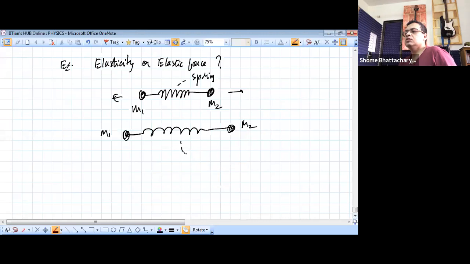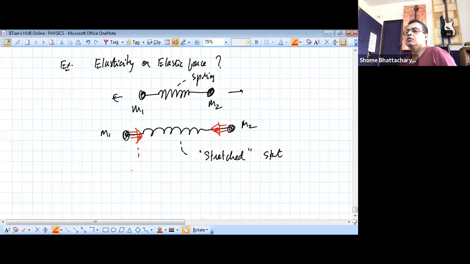So this is, it's in a stretched state now, the spring. So what happens is, within this system now, it applies an elastic force like this on these bodies.